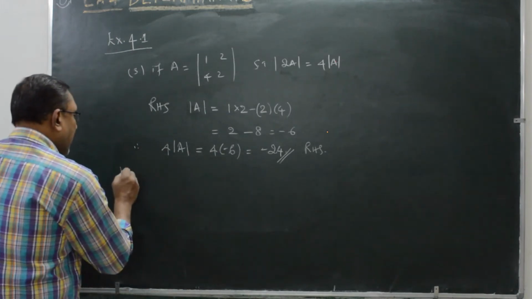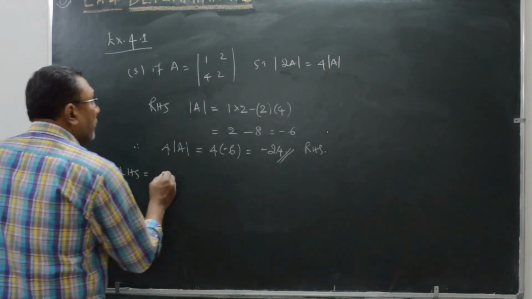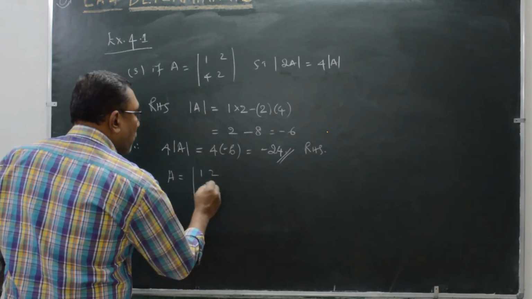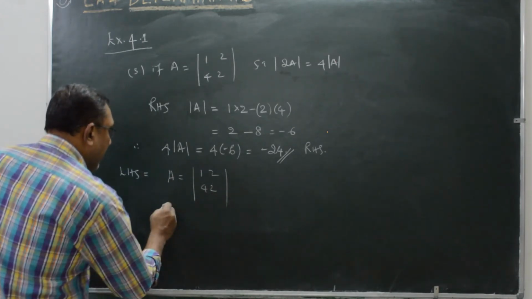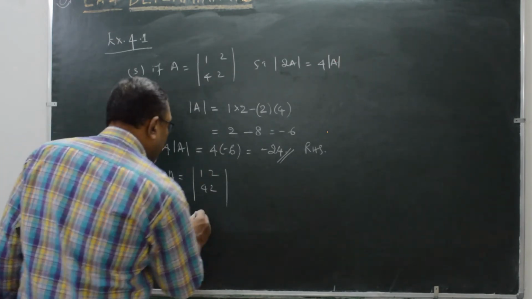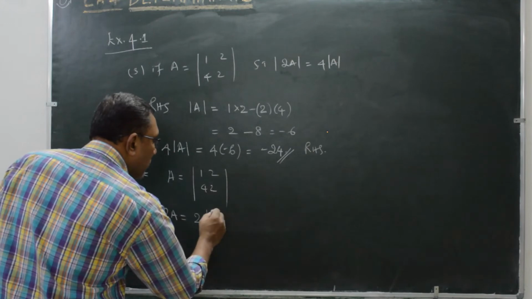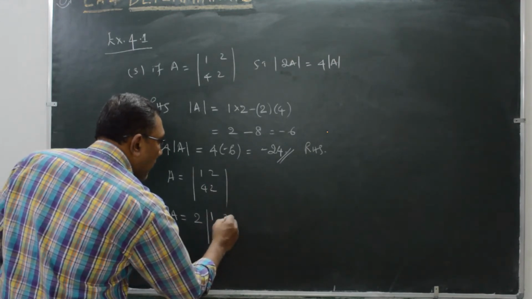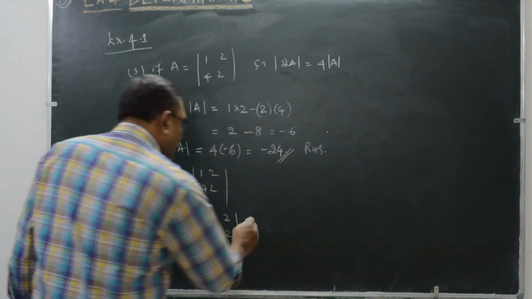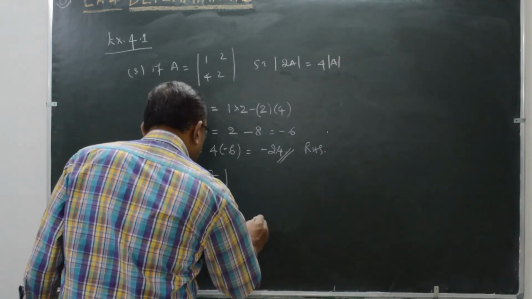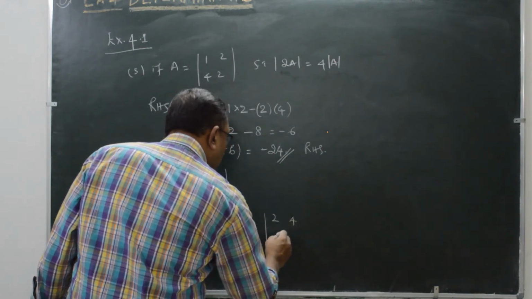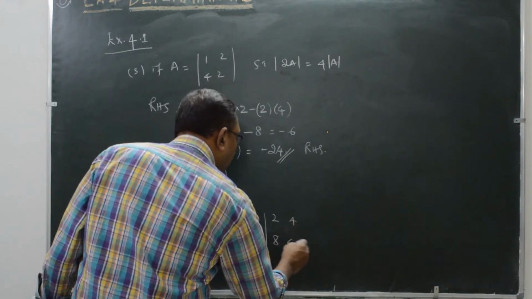Let us find the value for the LHS. We have A equal to 1, 2, 4, 2, and then 2A, multiplying by scalar 2, will be 2, 4, 8 and 4.